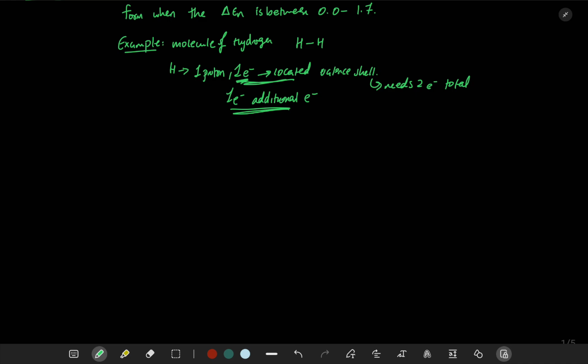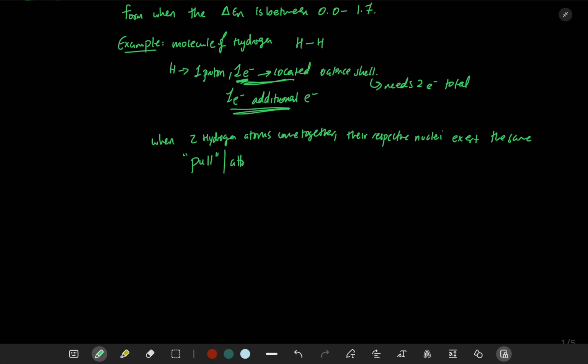So let's write that down. So when two hydrogen atoms come together, or rather they come in close proximity with each other, their respective nuclei will begin to exert the same pull or attractive force for the electron in the other atom, right?